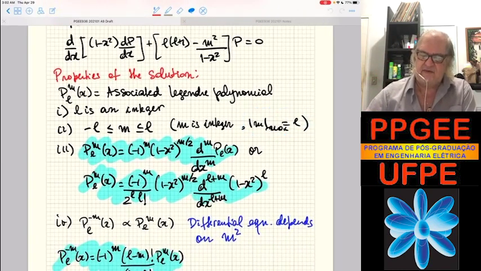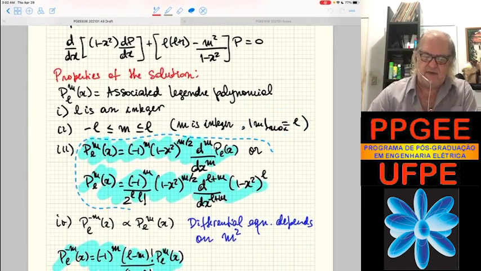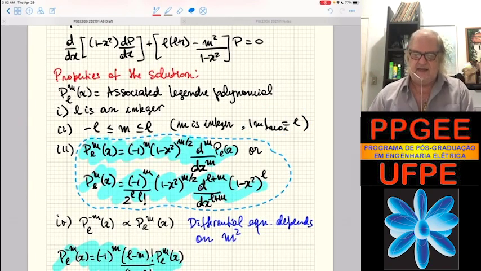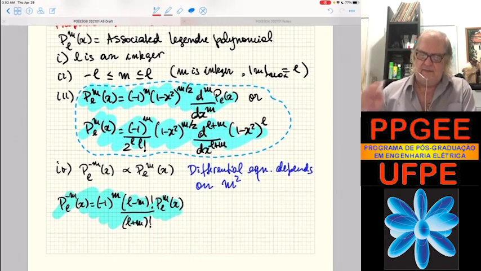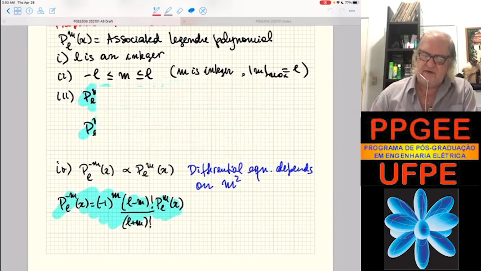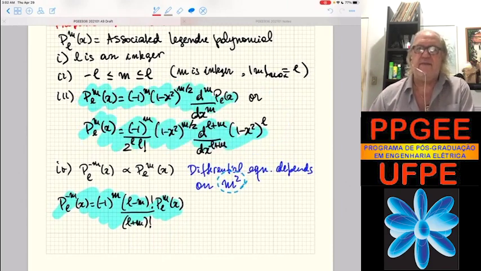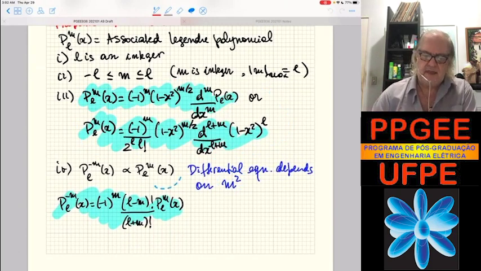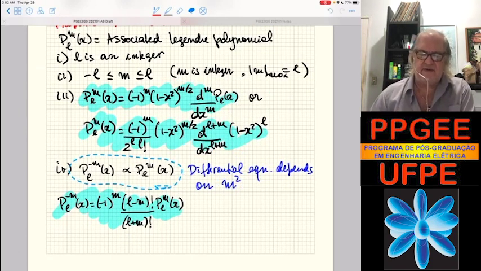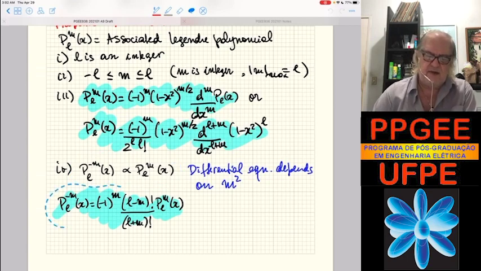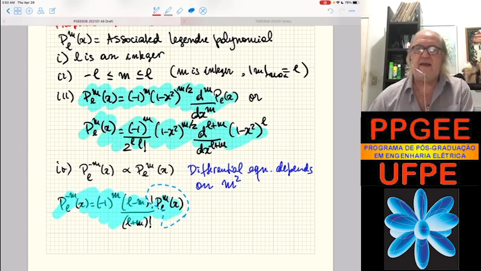We have several ways of calculating those polynomials. I'm not going to look at those in detail. As I mentioned to you, the differential equation depends on the square of m. Because of that, those functions are not independent. So one is a replica of the other one, right?